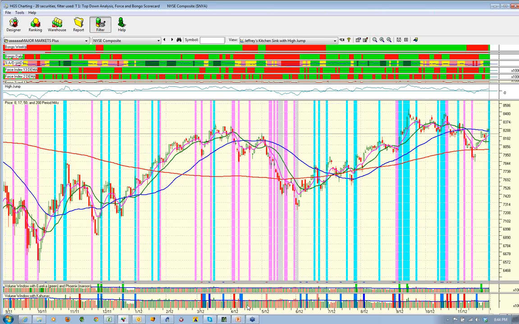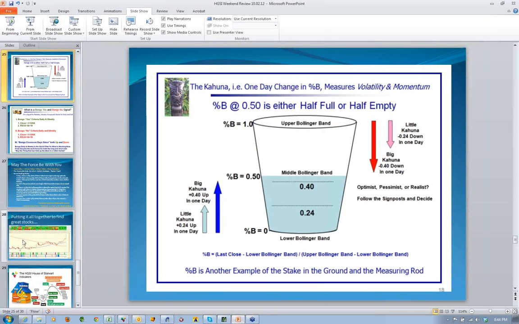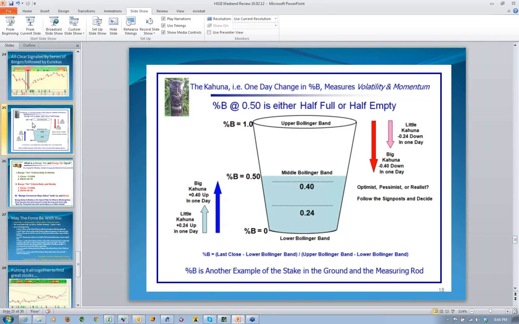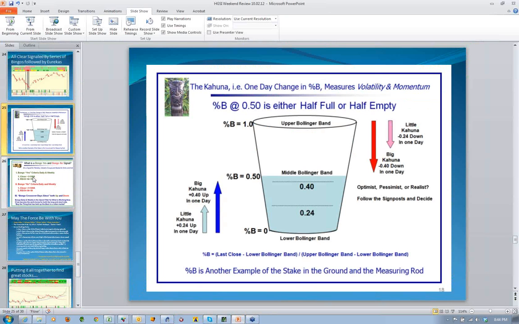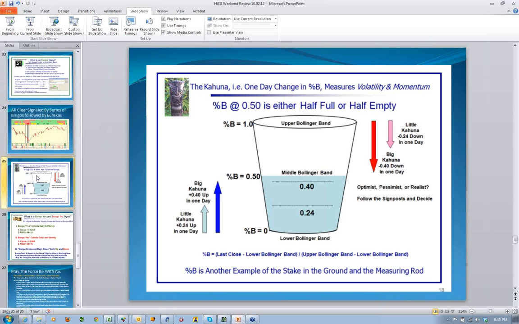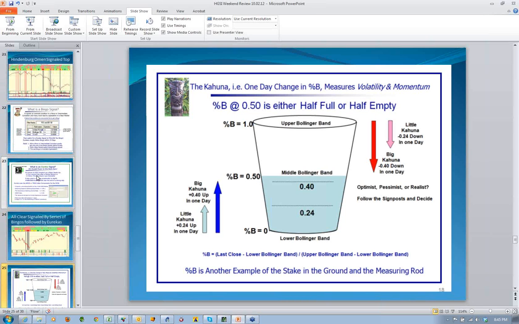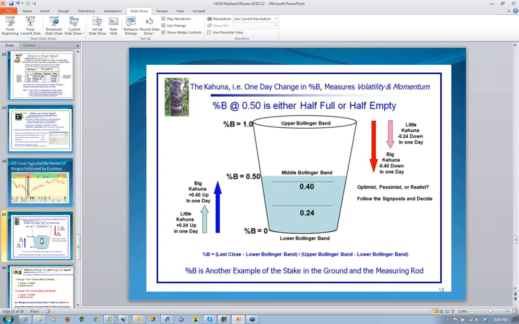The bottom one is something called Kahunas, and the Kahuna, I'm just going to go back to the PowerPoint for 1 second. The Kahuna is tied to the Bollinger Bands as well. And what Ian did some research on, let's see if I can have the Kahuna here. If I don't, oh, all right.